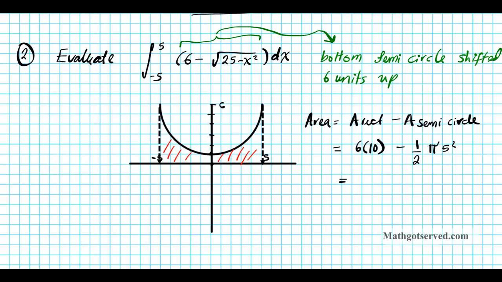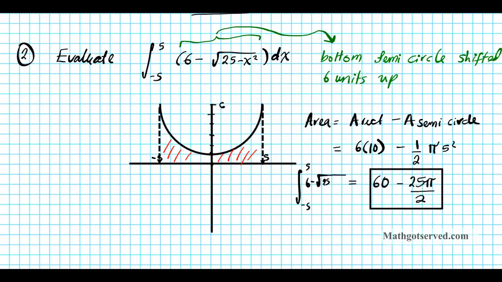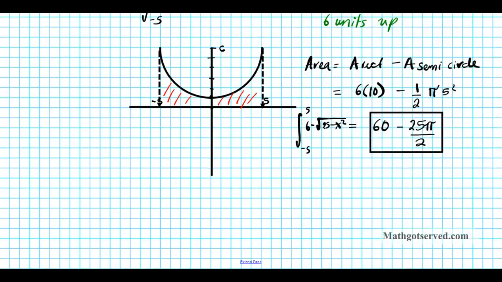Do the calculations, you end up with 60 minus 25 pi over 2. So this is the value of the definite integral. So this is equal to, let's write on the left side of the expression what we're asked to find, the definite integral from -5 to 5 of 6 minus the square root of 25 minus x squared. So that's that.